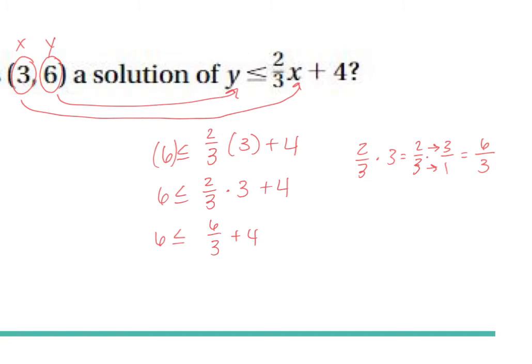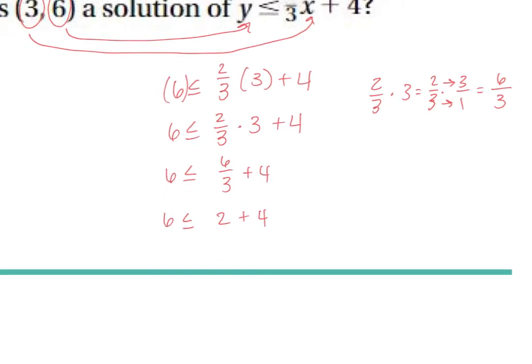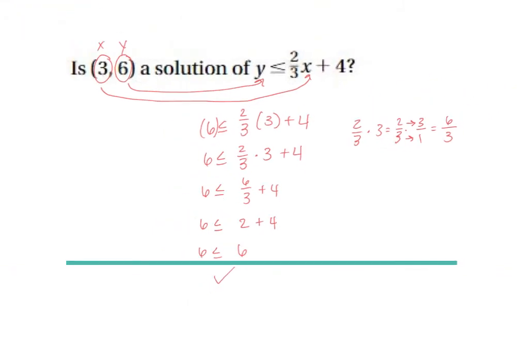Very good. Which is the same as just 2. So 6 is less than or equal to 2 plus 4. Is 6 less than or equal to 6? Yep. So what we can say is 3, 6 is a solution.